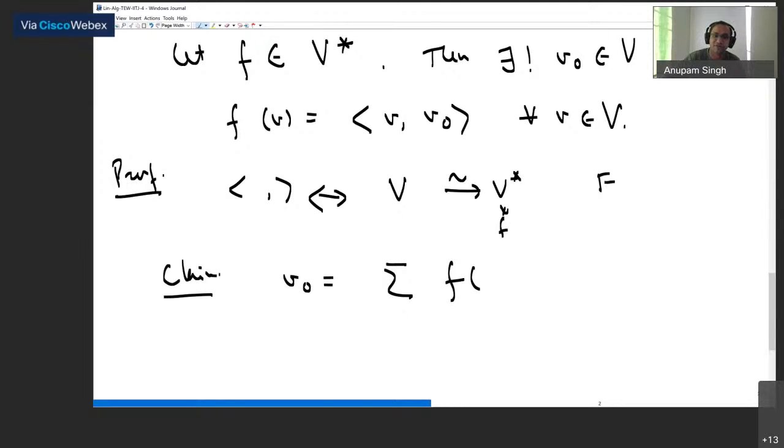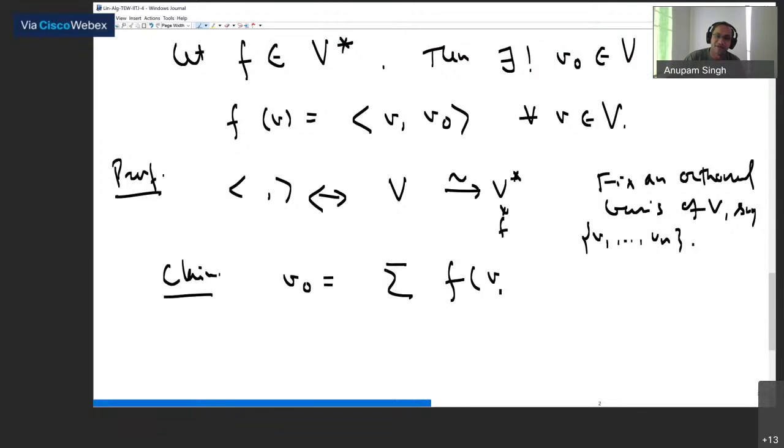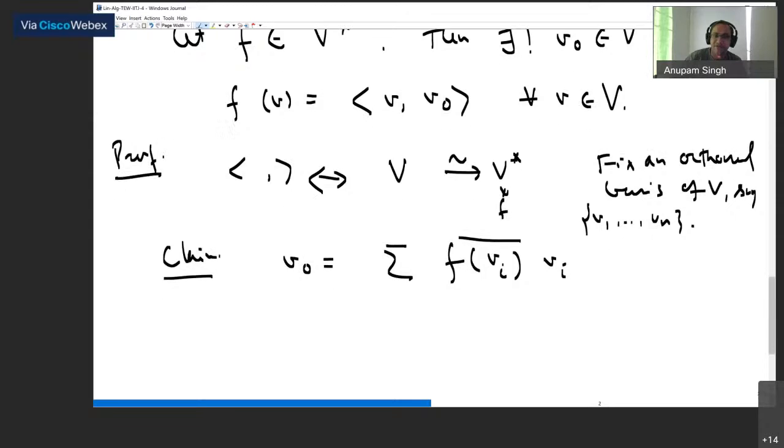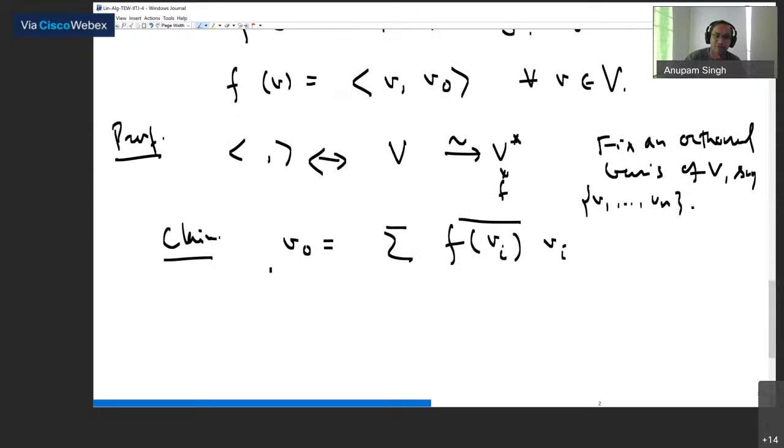So let's fix an orthonormal basis of V, and let's say it is v1, v2, up to vn. This is an orthonormal basis. Then I evaluate f at these vi's and take its conjugate. So the coordinates are going to be f of vi bar. That is the vector v naught I take. And my claim is that this vector will satisfy the property.